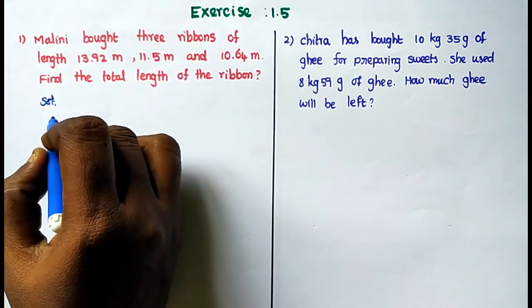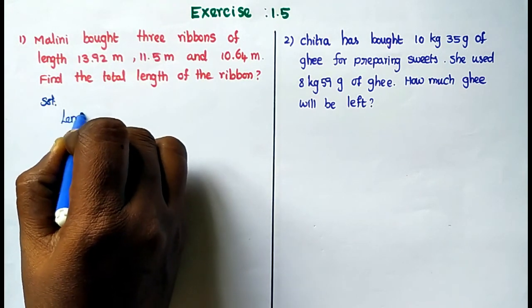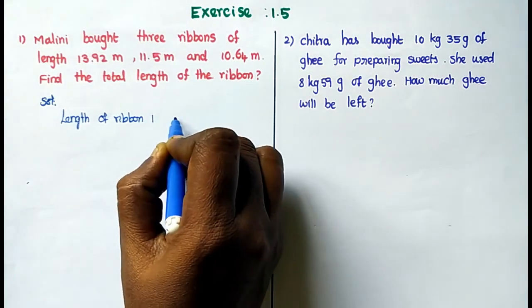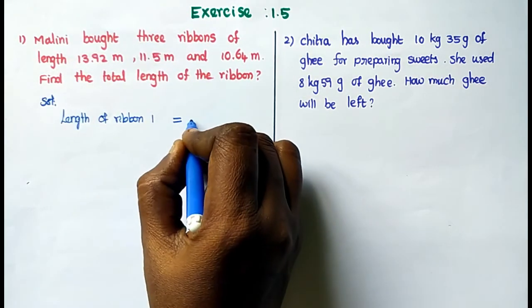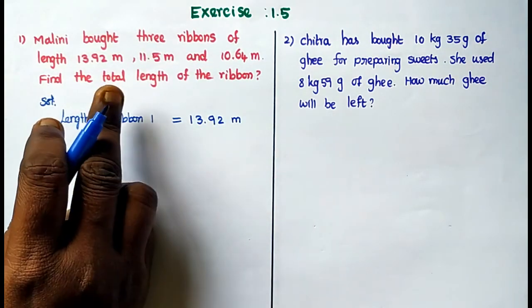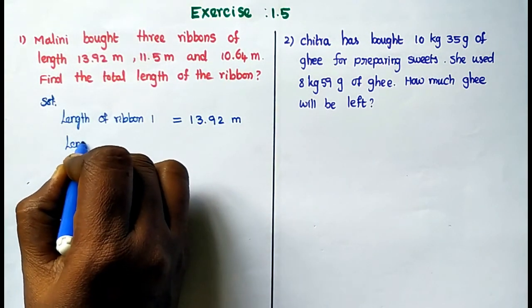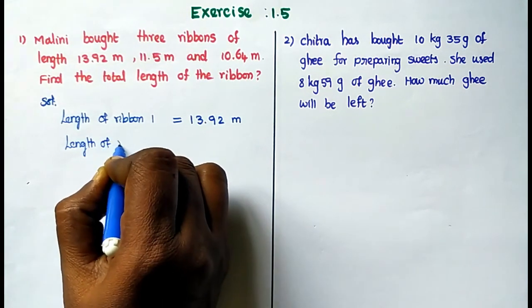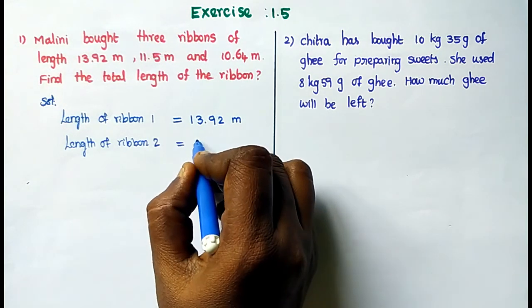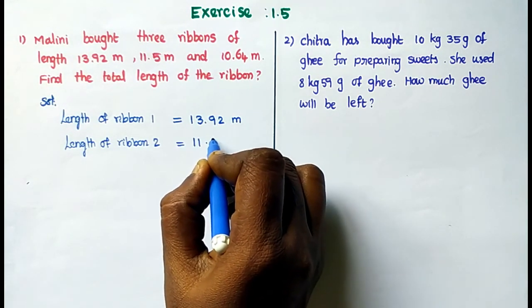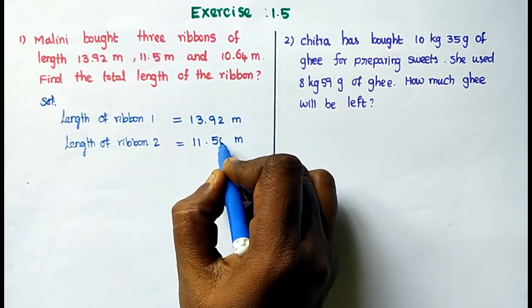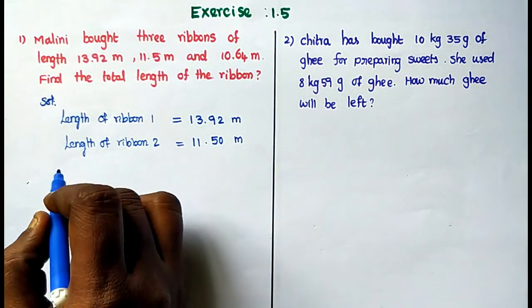Listen. Length of ribbon 1, that is equal to how much? 13.92 meter. Next one, length of ribbon 2, that is 11.5 meter. 11.5, we can write 11.50.